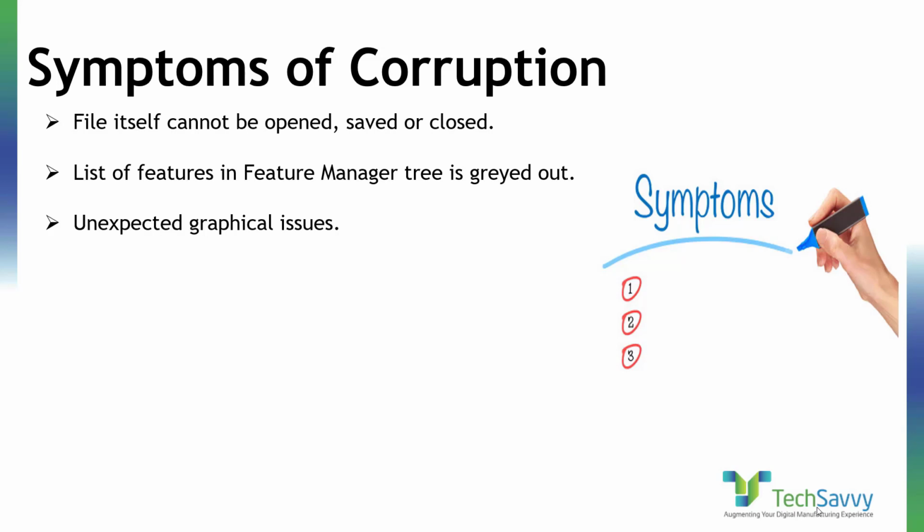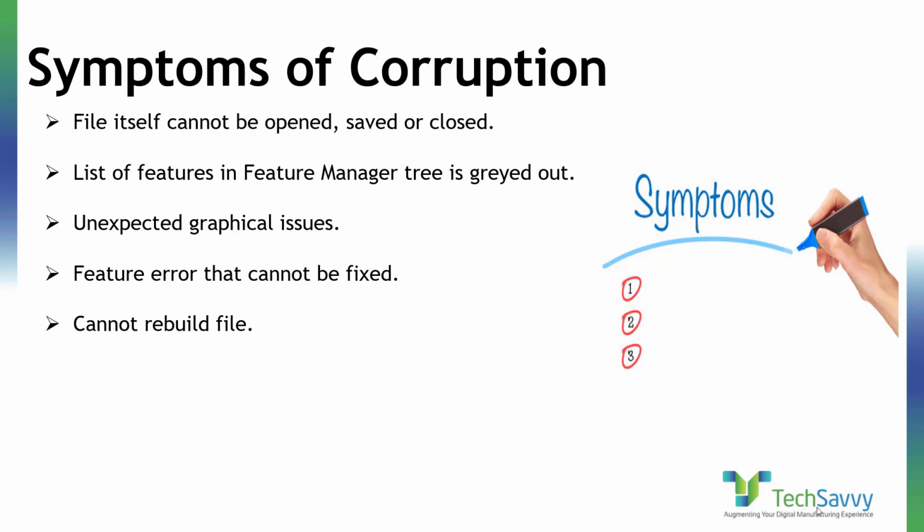Unexpected graphical issue: if you are having a graphical issue, if your driver is not updated, or if you are not having supported graphics, this is also a symptom of corruption. Feature error that cannot be fixed: if you are having any error in your features which cannot be fixed, this is also a symptom.